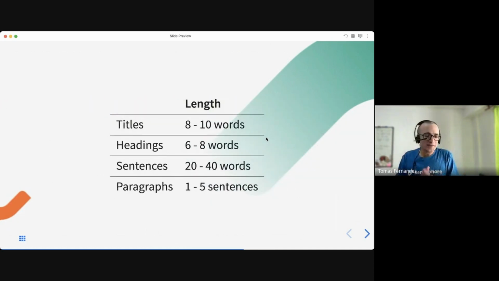This is a guideline, not a rule, but usually if you stay between these values, it will work excellently. You can obviously go beyond that, but in general, I think on average, this is a good rule of thumb.